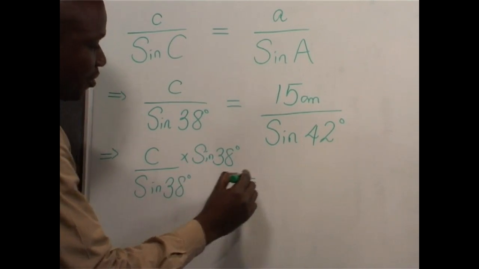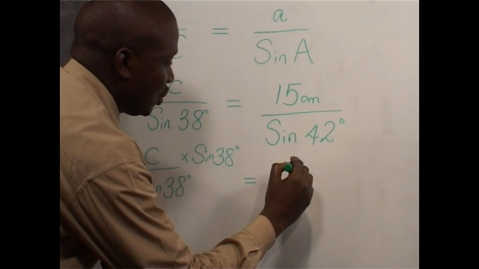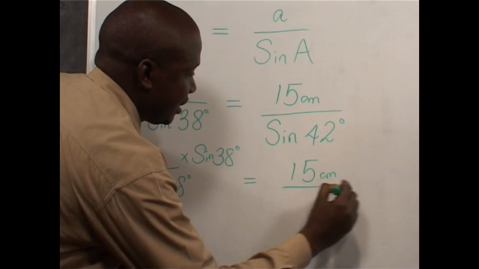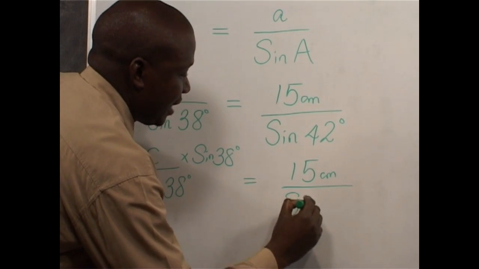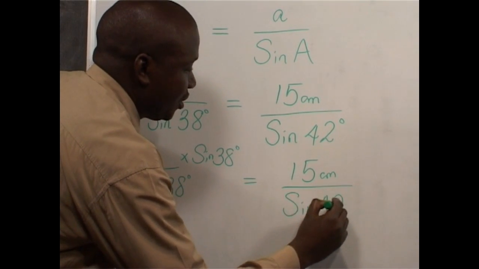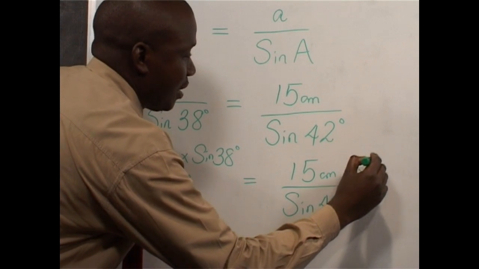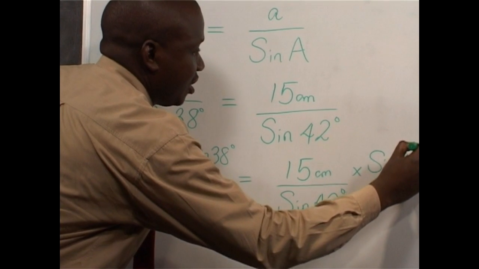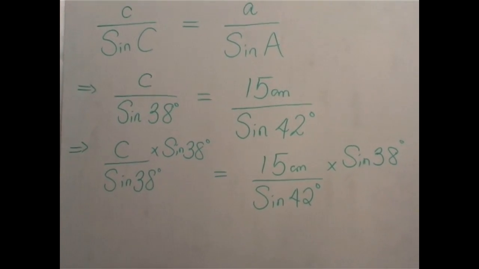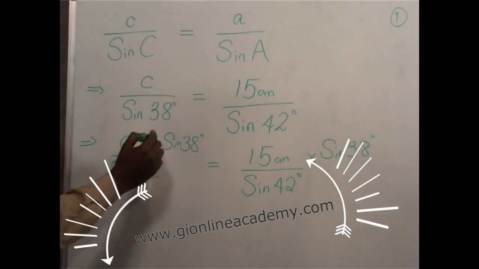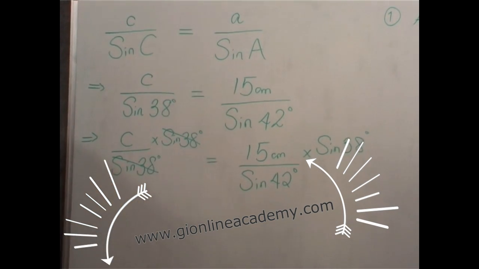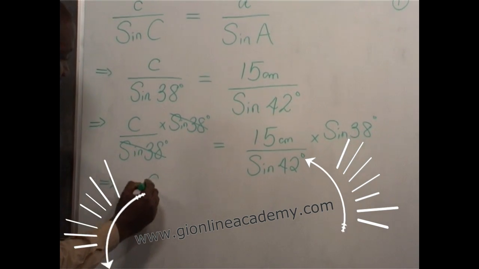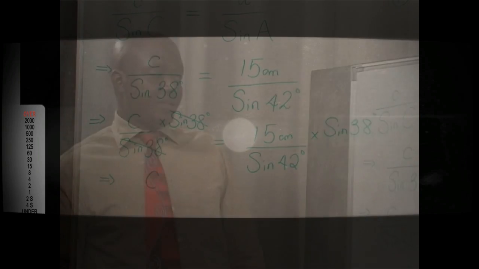What we have done on the left hand side, we must do on the right hand side. 15 centimeters over the sine of 42 degrees must also be multiplied by the sine of 38 degrees. So that sine 38 and sine 38 there, we will divide, leaving us with C on the left hand side.